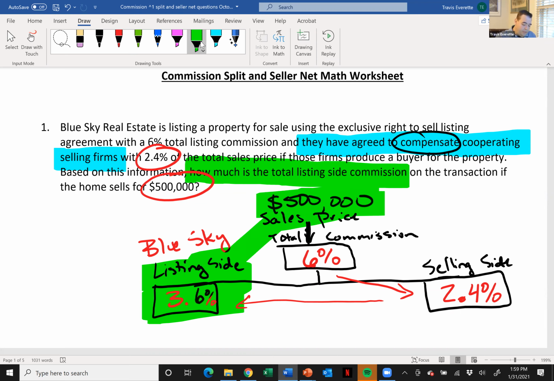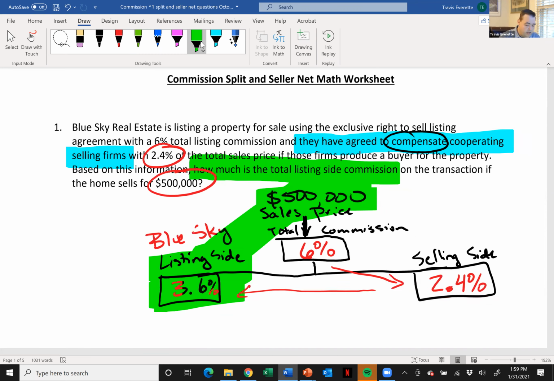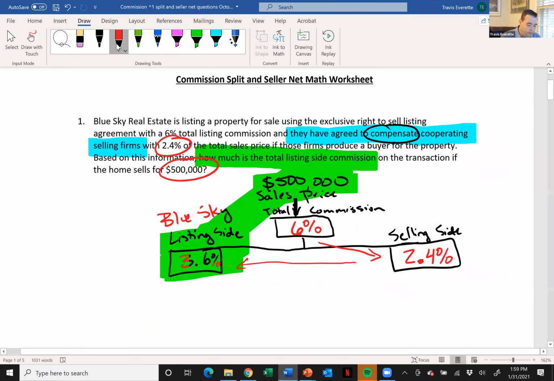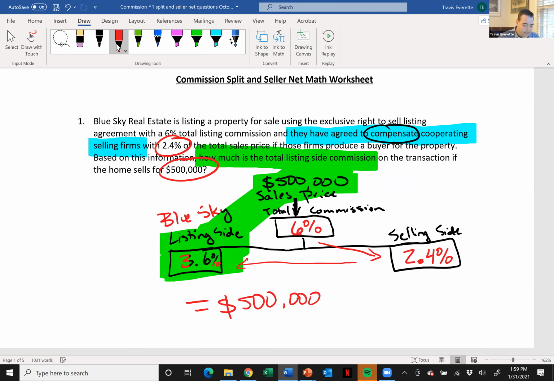So your math is going to be those two numbers: $500,000 times 3.6%. That's what you're going to type in the calculator. That's the way you're going to handle that kind of math question.